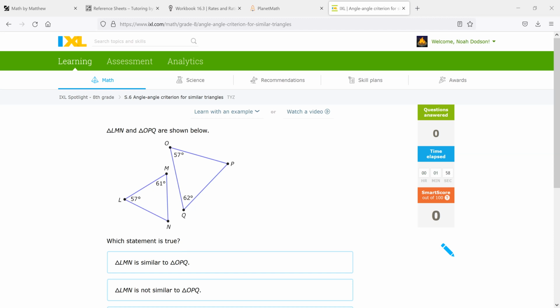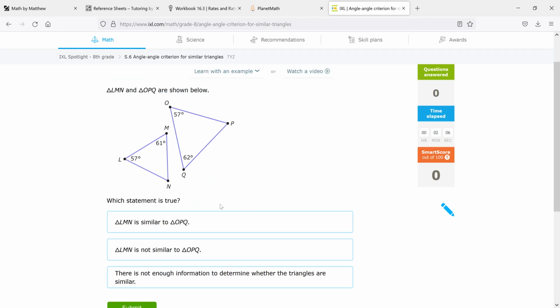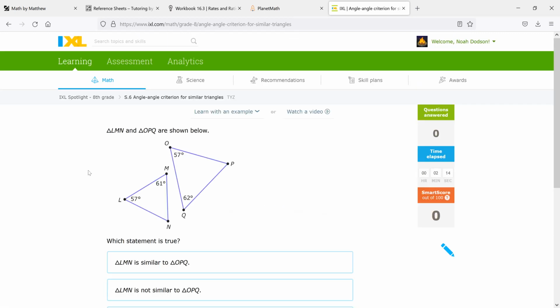Could you add up these three numbers in the triangle and tell me if they add up to 180? Yes, they add up to 180. 57 plus 61 plus 62 equals 180.